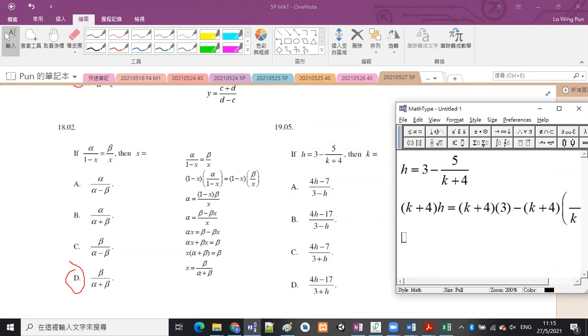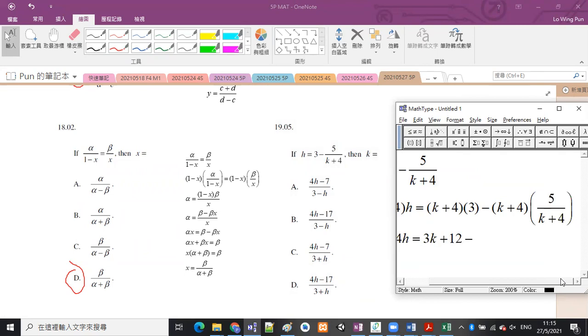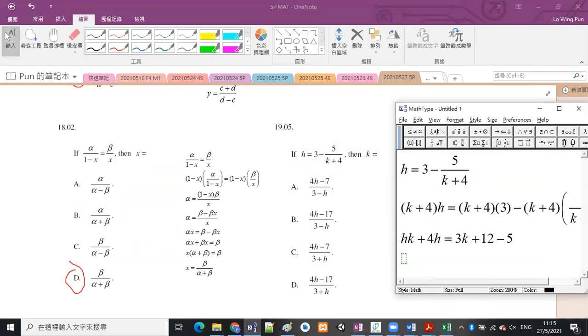And left hand side, k plus 4 times h. Just remove the bracket. It's hk plus 4h. And then second multiplication, k plus 4 times 3 is 3k plus 12 minus. And the next one, the k plus 4 and k plus 4 should be cancelled by each other. So what is remaining is just minus 5. Can you get this?